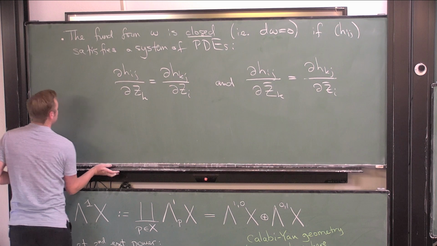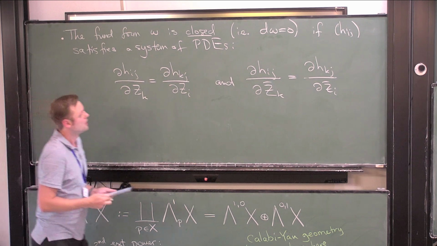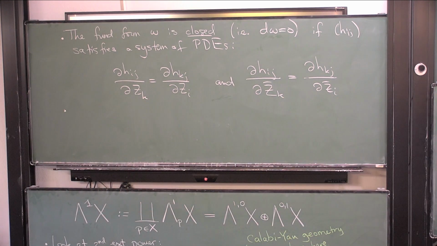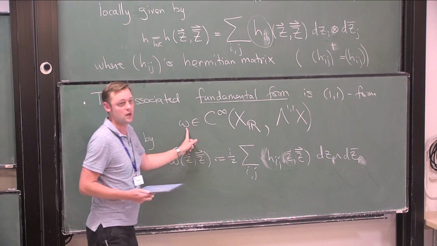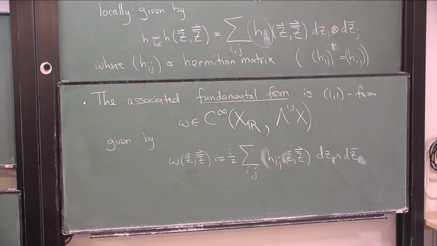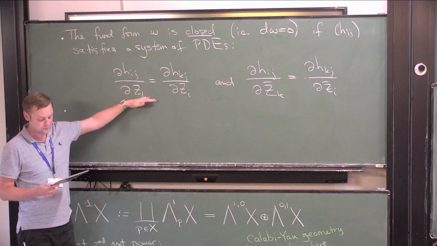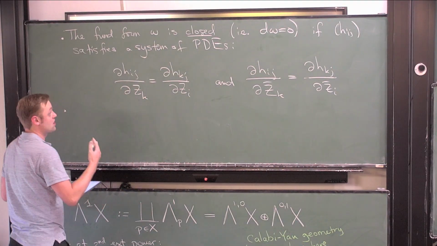Okay, so if I have a complex manifold which has a Hermitian metric H, such that the associated fundamental form omega is closed, in other words, it satisfies this system of PDEs, then we call such a metric Kähler.